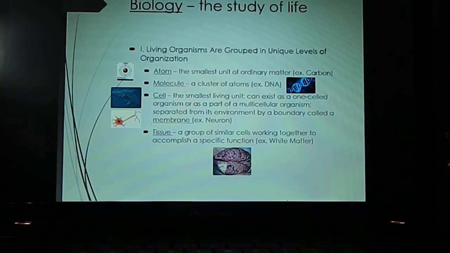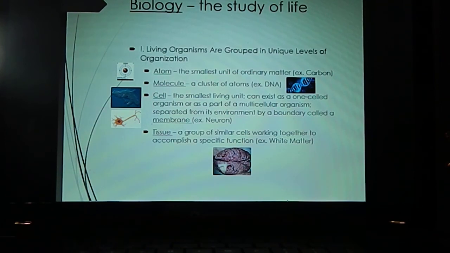Then, if you take several cells and put them together and have them functioning in a similar way, these cells most of the time are similar in nature. Then you have a tissue layer.